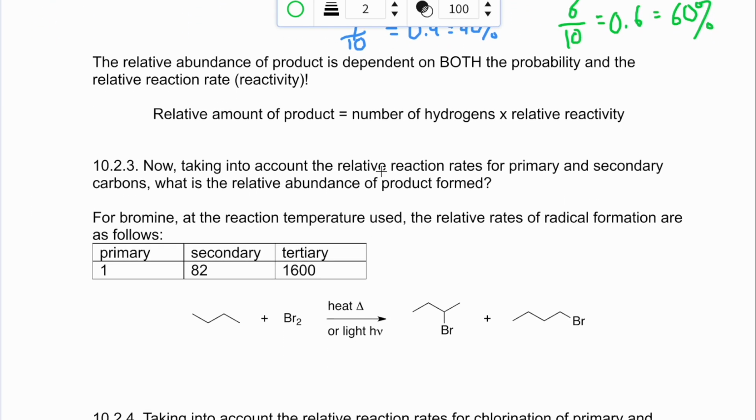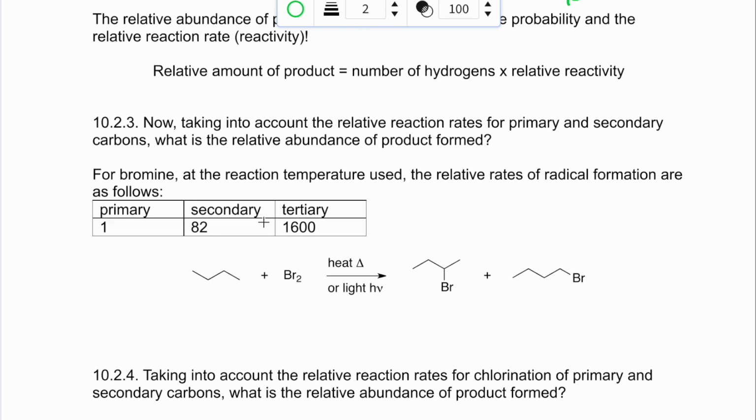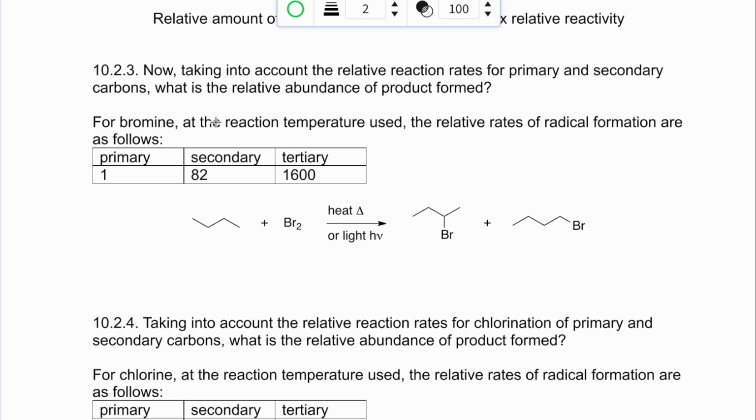So how much more stable? It depends on the temperature and the conditions of the reaction, but let's do an example where the reaction conditions made a secondary 82 times more likely to react than a primary.